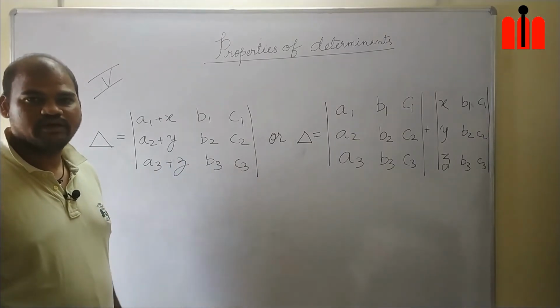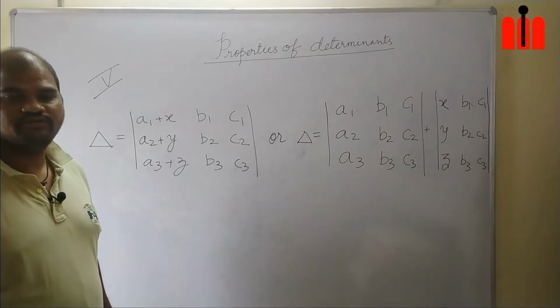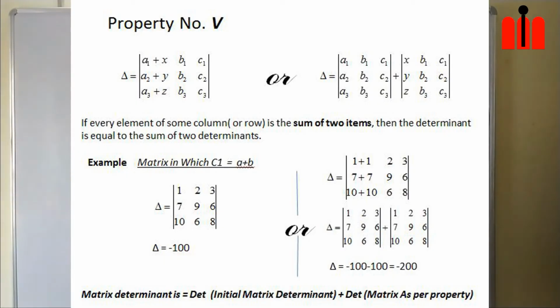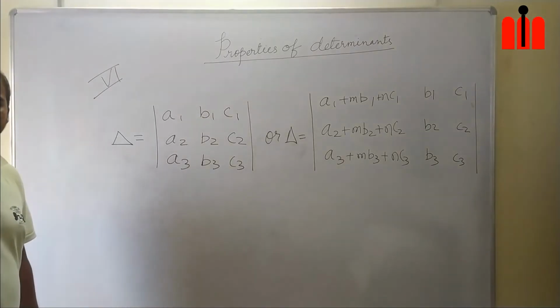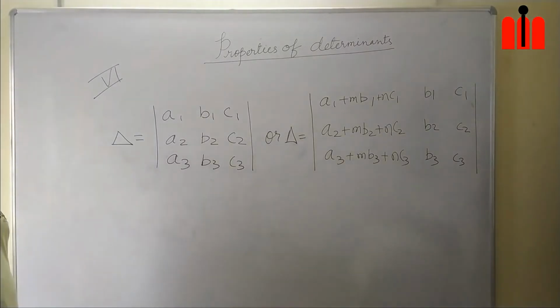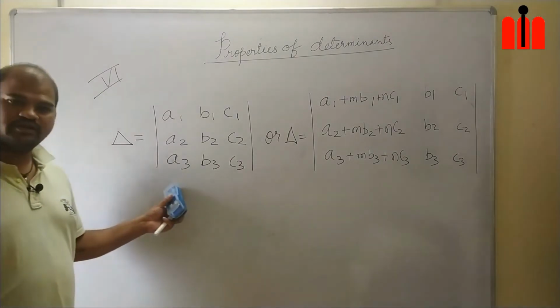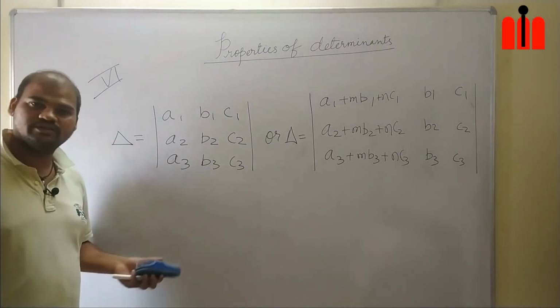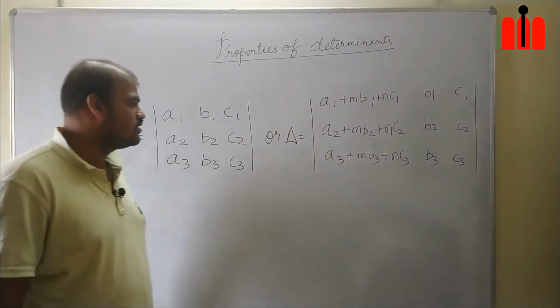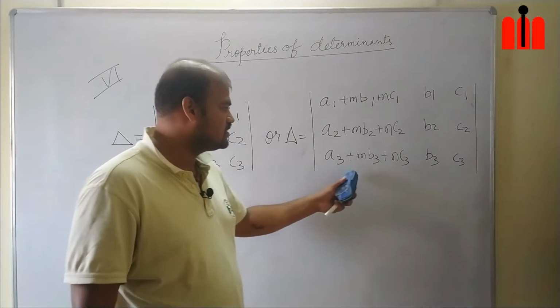For property number 6 we will have it next. What does property 6 say? Property 6 says that the determinant of a1 b1 c1, a2 b2 c2, a3 b3 c3 is equal to this other determinant.